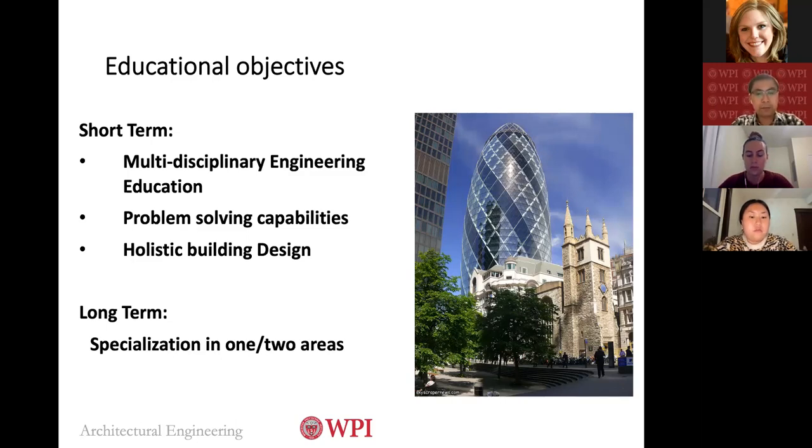The second major thing is we want to improve students' problem-solving capacities and also help them understand the holistic building design experience. In the long term, at WPI, we have two tracks. One is mechanical, the other is structural engineering. And in the long term, we want our students to specialize in 1 or 2 areas.